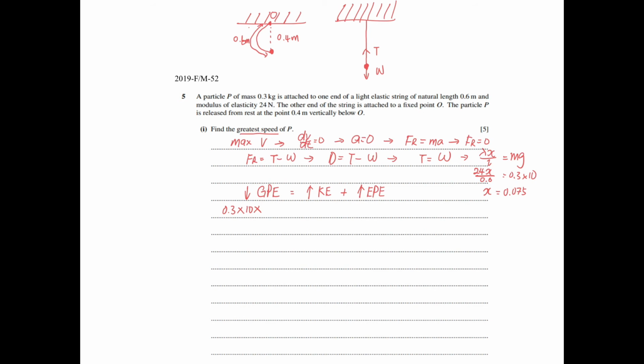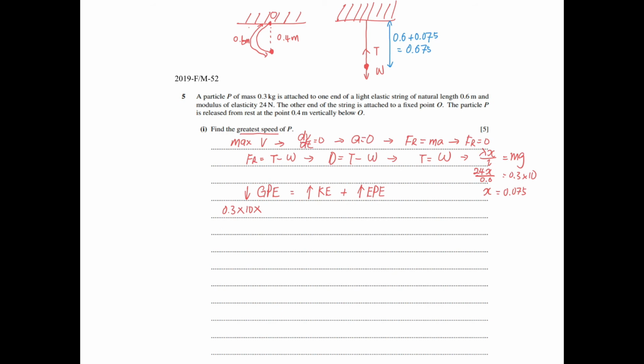The moment when it has greatest speed, it has been extended by 0.075. So from here to here, it is the natural length plus extension, which is 0.675.